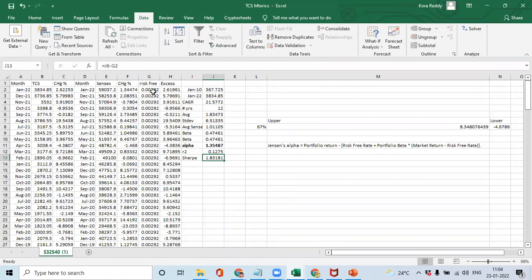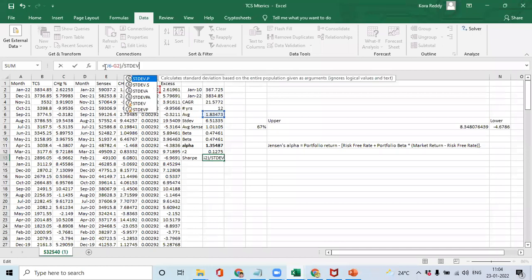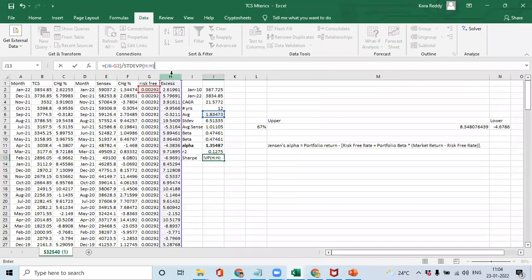That's the numerator. And the denominator is the standard deviation of excess returns. These are the excess returns. This is a monthly figure. Now, to quote it as a yearly figure, you multiply by the number of time periods. That is 12.